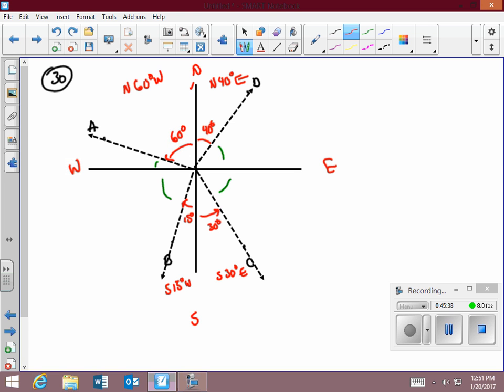Now, if you go from A back to the control tower, and let's do that in blue, what is that gonna be? See, just remember this. Here is the plane, there's the control tower. So you're going to go south so many degrees east, right? Now this is what you want to look at.